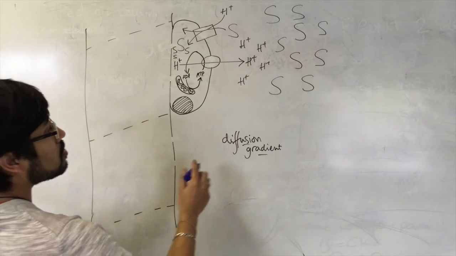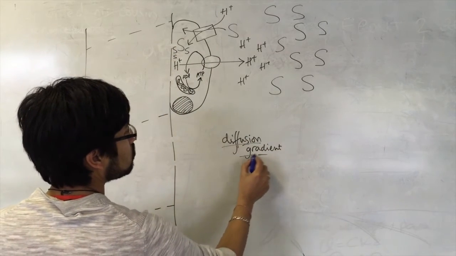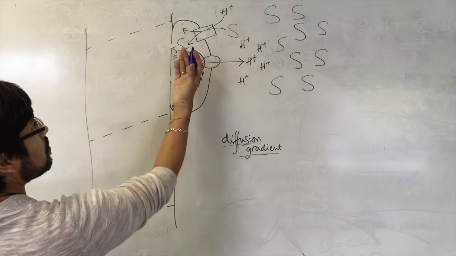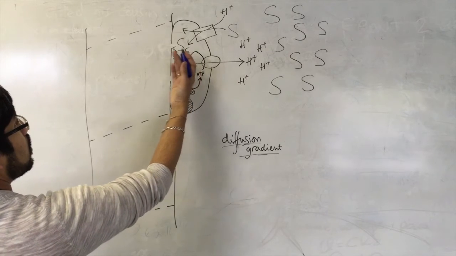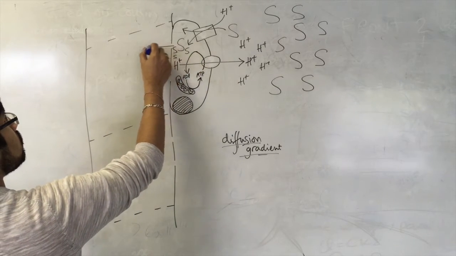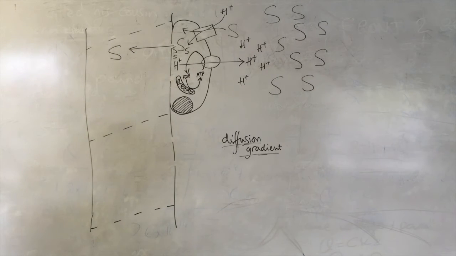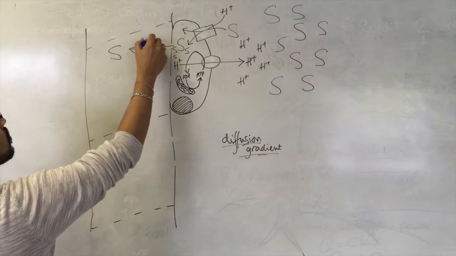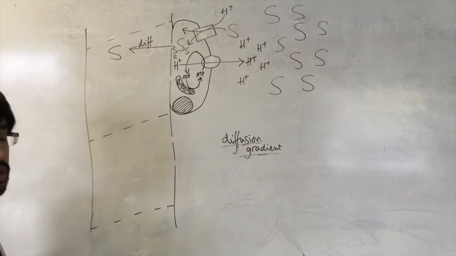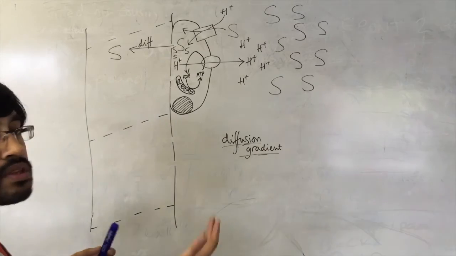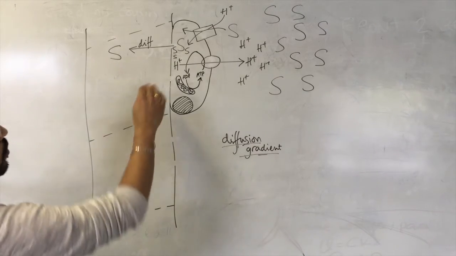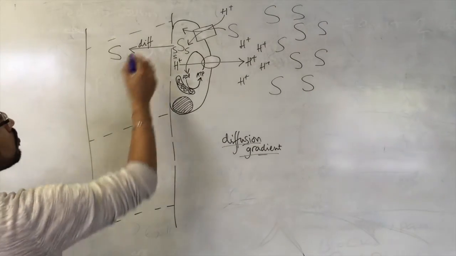Okay, and that is going to create another diffusion gradient, because there's going to be lots of sucrose in here, and it will then diffuse into the phloem tube through the plasmodesmata. Now I hope you can see the important role of those gaps in the cell wall.